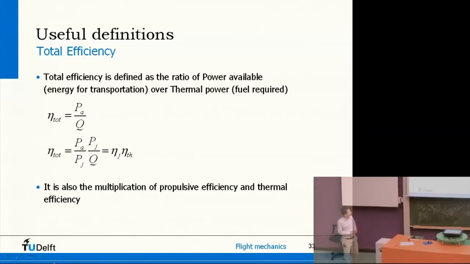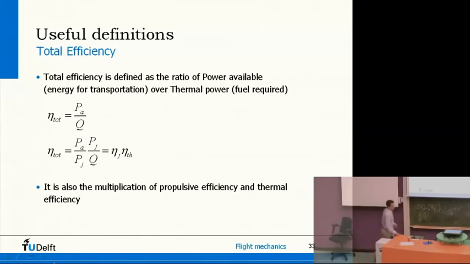Total efficiency is power available divided by jet power, which we call propulsive efficiency, multiplied with jet power divided by thermal power, which we call thermal efficiency. So I just made a distinction between two efficiencies.